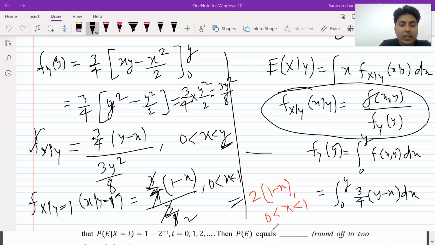So this is the conditional PDF of x given y is equal to 1, but we wanted to find the conditional expectation. So the conditional expectation is what?